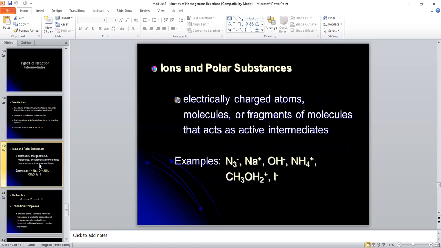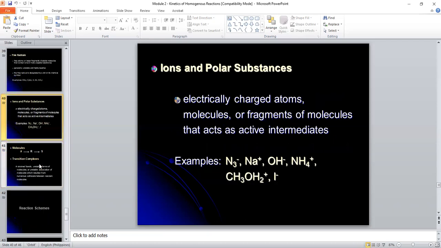Now, the second type of reaction intermediates are the ions and the polar substances. Since they are ions, they are electrically charged atoms, molecules or fragments of molecules that act as active intermediates.